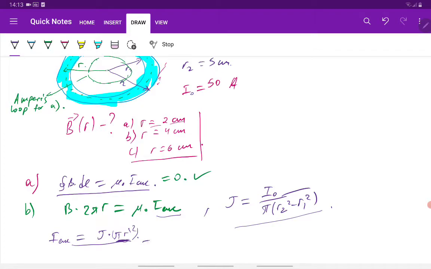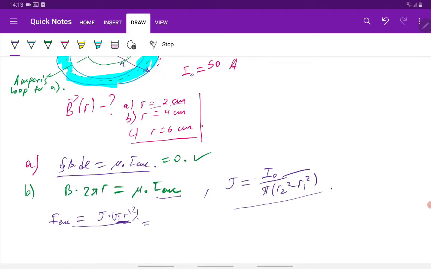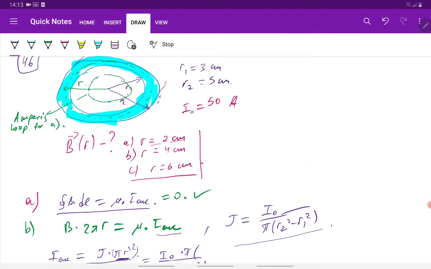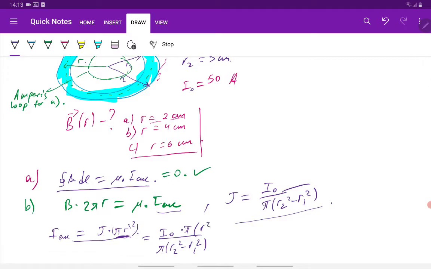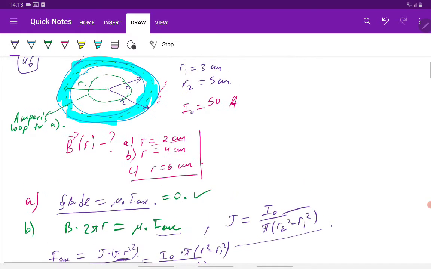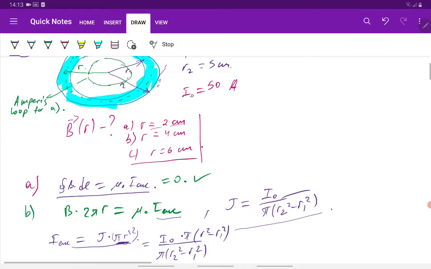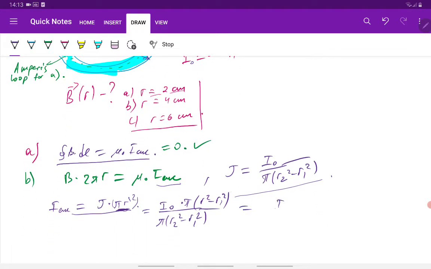First we substitute J, I0 over pi times R2 squared minus R1 squared, multiplied by pi times r squared minus R1 squared. That makes sense, right? We are calculating in this direction. Equals I0 times r squared minus R1 squared divided by R2 squared minus R1 squared.